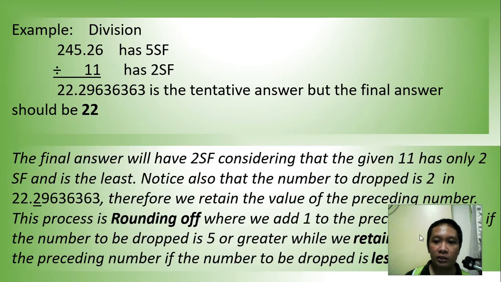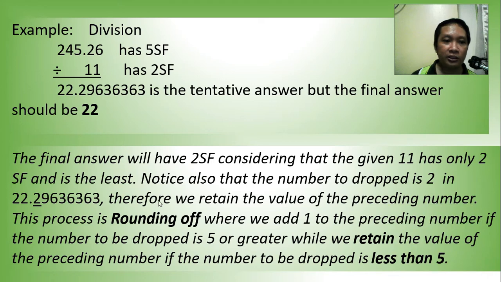So how do we express our final answer? The final answer should have only 2 significant figures, considering that the given with the least number of significant figures is 11. It has only 2 significant figures. Notice also that the number to be dropped is 2 in this case. Therefore, we retain the value of the preceding number, and once again we are still rounding off.